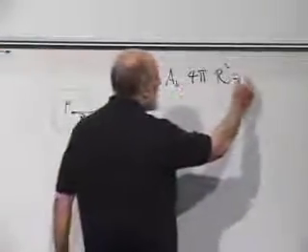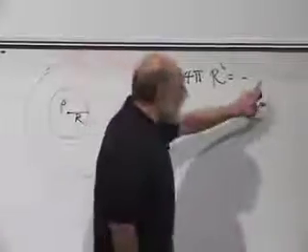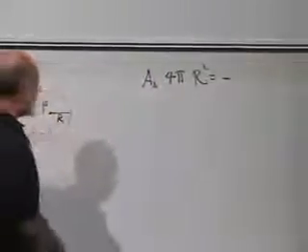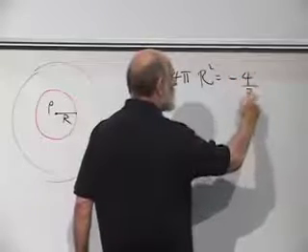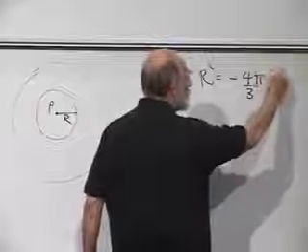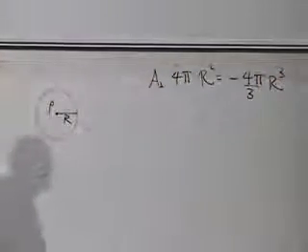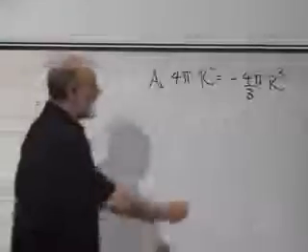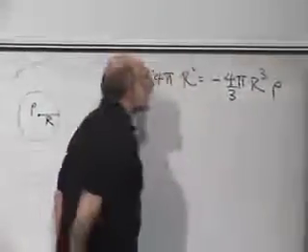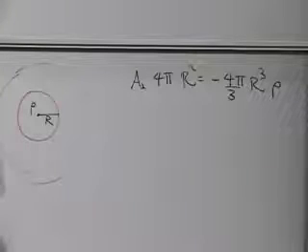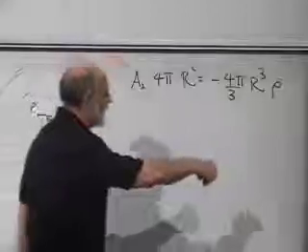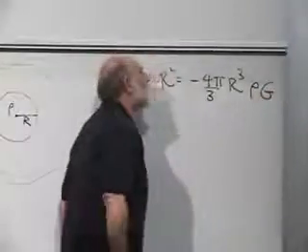This is equal to minus the mass within the sphere, and the mass within the sphere is the volume of the sphere, 4/3 pi r cubed, times rho. Four-thirds pi r cubed times rho. I think I got it right. Oh, on this side. G, good, thank you.